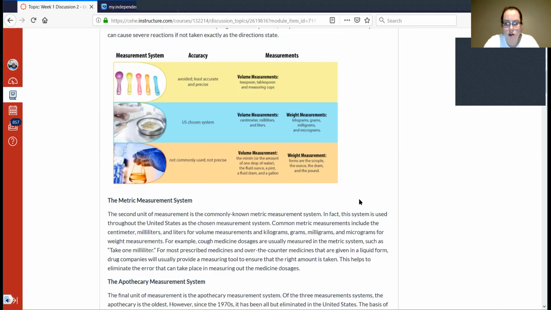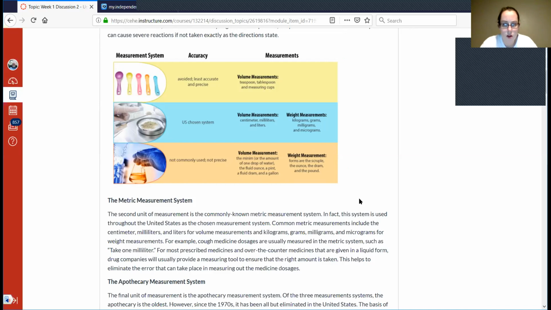Other than that, the only other place we use the household system is actually a very important place, because many drugs are dosed based on the weight of the patient. They're usually potent drugs, and we want to have very accurate dosing.